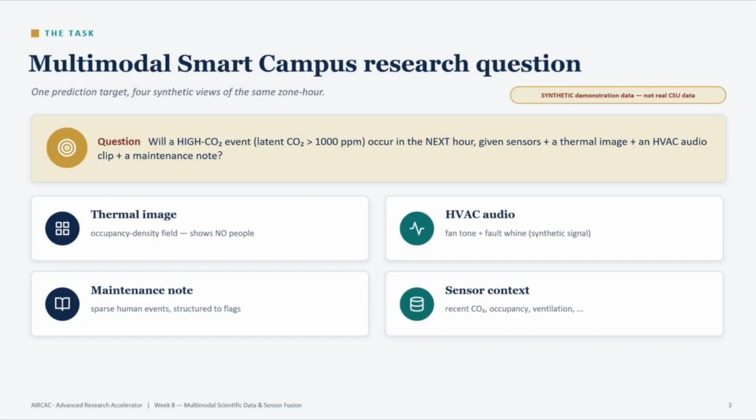So the important point is that all four modalities describe the same research state from different perspectives. Later, we will test whether combining them improves the prediction, or whether one modality already contains most of the useful information.